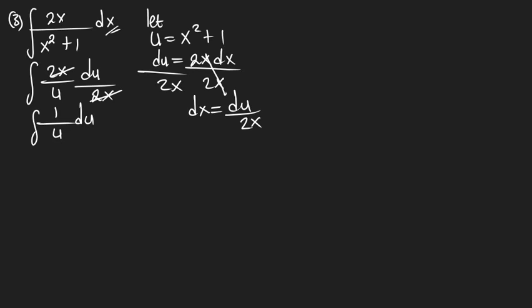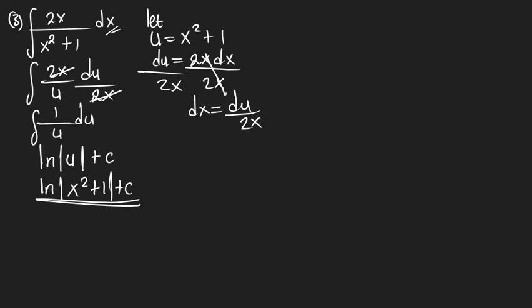We have taken everything in the u out. Now, the integral of 1 over u du is simply the natural log of the absolute value of u plus some constant c. So this is going to be ln of what was u? It was x to the 2 plus 1, then plus c. Basically, that is just how you solve this particular question.